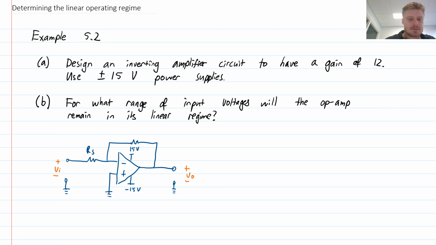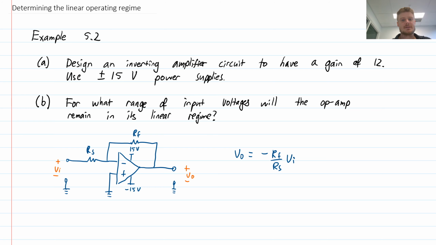The resistors are called RS for source and RF for feedback. And so this is the inverting amplifier circuit, and we just analyzed the circuit to determine that the output voltage, V out, is negative RF divided by RS times the input voltage VI.